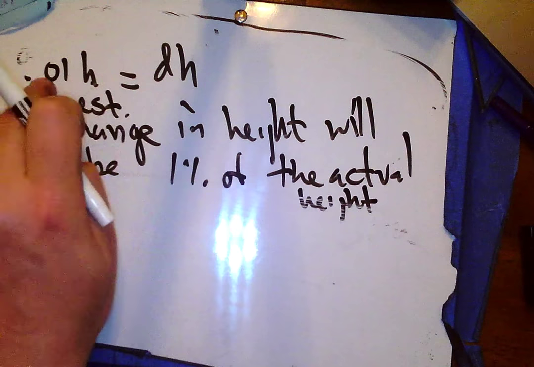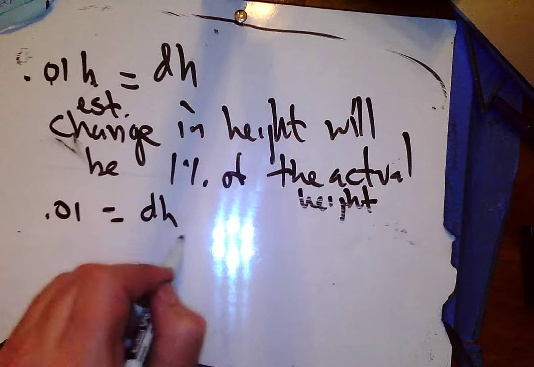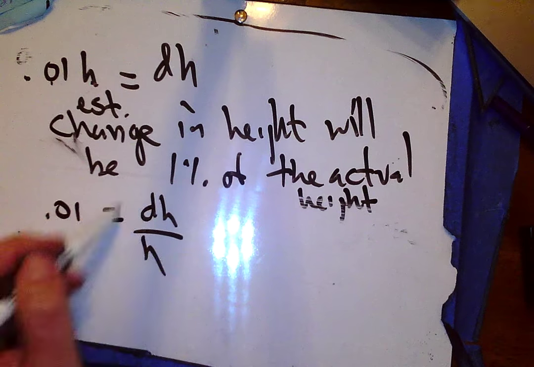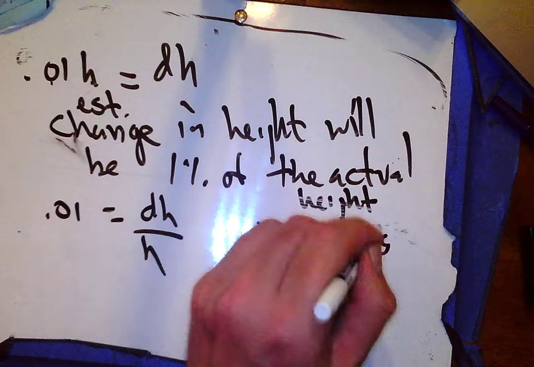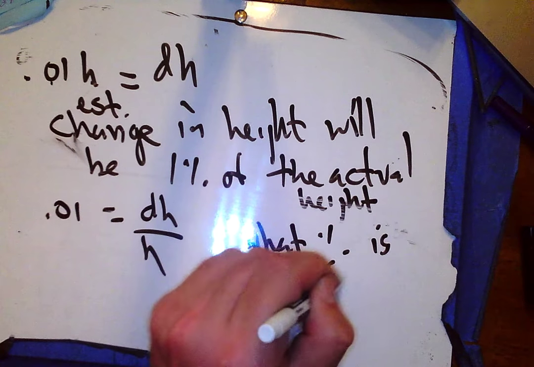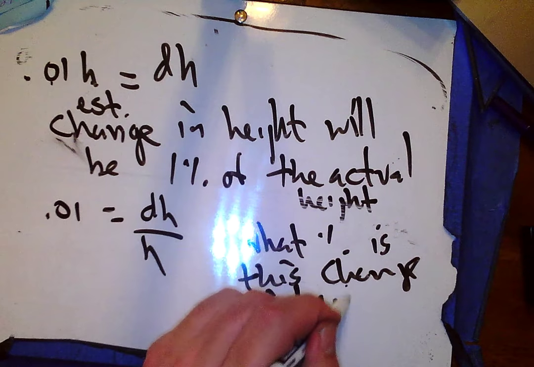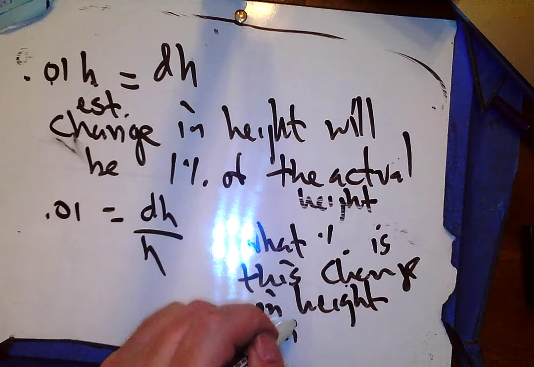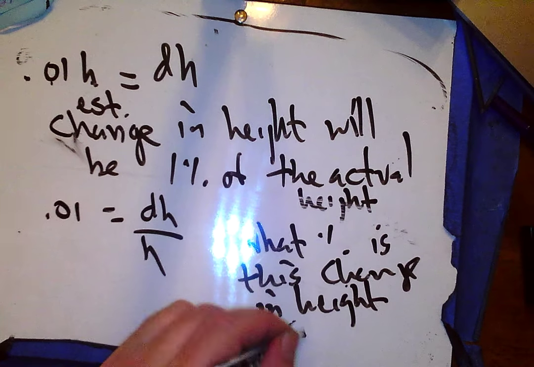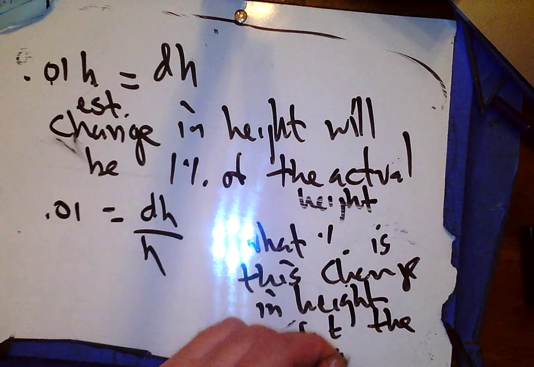And we notice that if we divide both sides by h, we get 0.01 equals dh over h. Aha! What percent is this change in height with respect to the actual height?